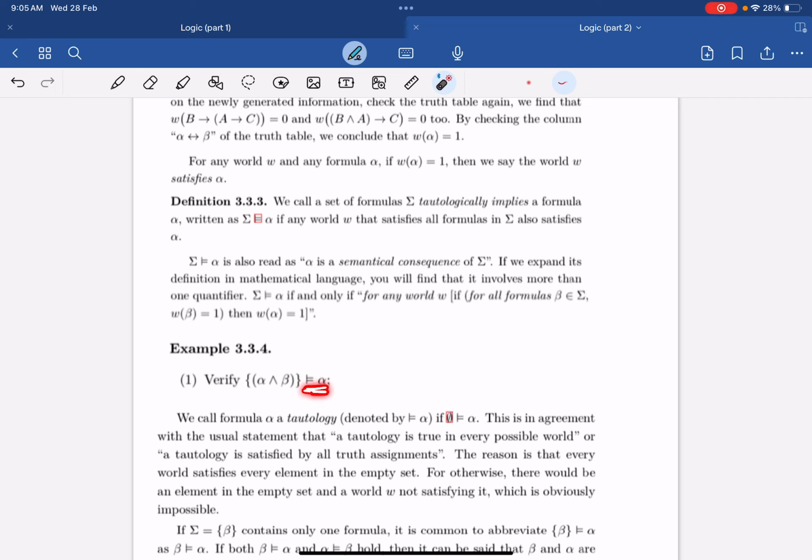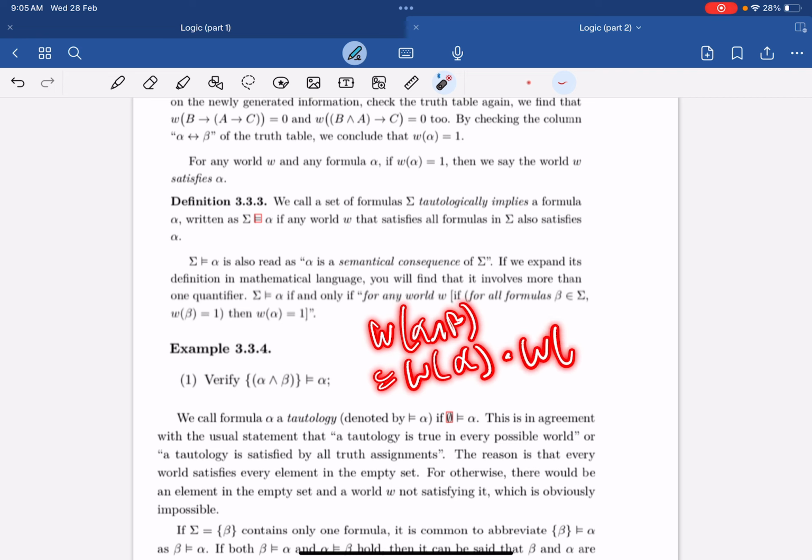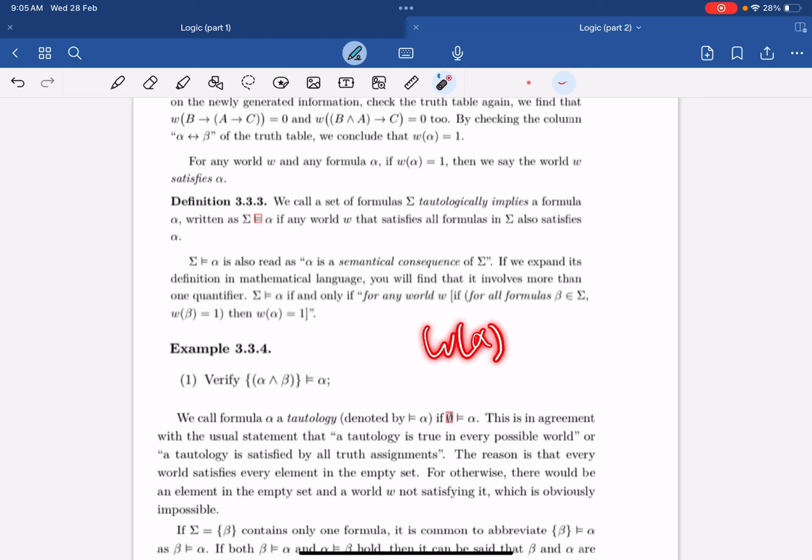Then is it going to be that W(alpha) equals 1? Well, that's true, because W(alpha and beta) equals W(alpha) times W(beta), and this equals 1, which can only occur if both W(alpha) and W(beta) are 1. So in that case, this is satisfied, so this is true.